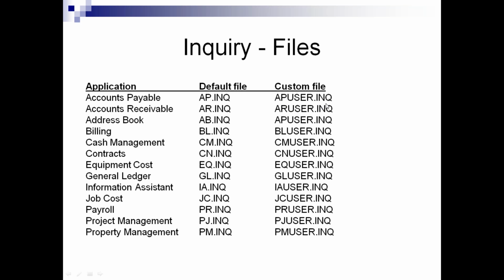From that point on, this is the file that accounts payable will use when you bring up your inquiries. Any changes that you make from that point on are made in this user file. So the default file that comes from Sage is never changed. It gets copied, and then that copy is what's used from that point forward.